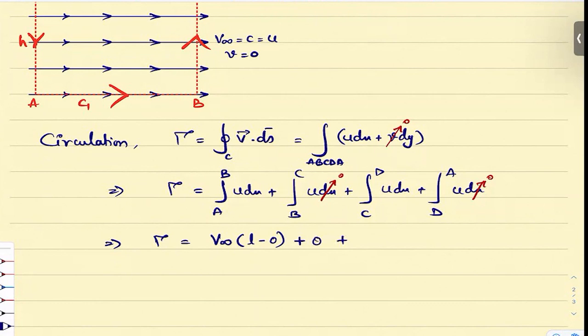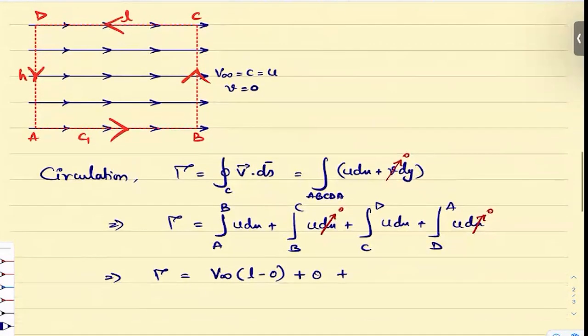Plus C to D, I am going. What is the velocity? You put your origin at A. Let A be (0, 0). Come on. What is the velocity from C to D, when you are going from here to here? What's the velocity, guys?